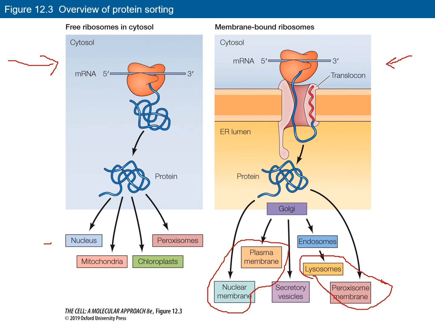Otherwise, the plasma membrane, nuclear membrane or peroxisome membranes are just the membranes in which endoplasmic reticulum-bound ribosomes produce proteins, and then they directly get embedded in the membrane and become part of the membranes. That does not happen with free ribosomes. The membrane-bound proteins are not produced on free ribosomes, because free ribosomes do not have this double layer.